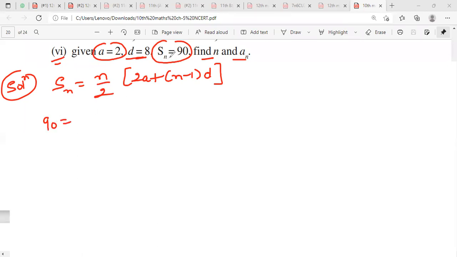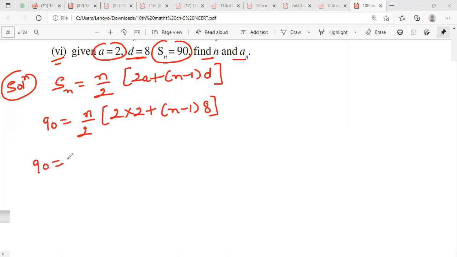The value of n has not been given; we have to find that. So n will remain as it is, n by 2. In place of A, we will put 2, and in place of D, we will put 8.